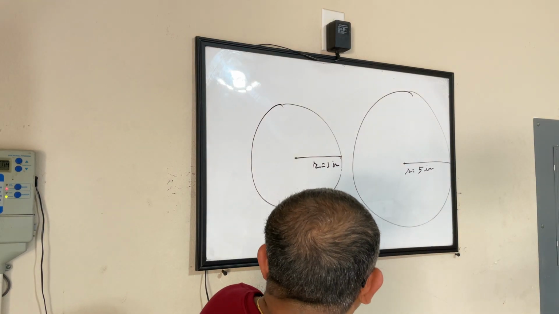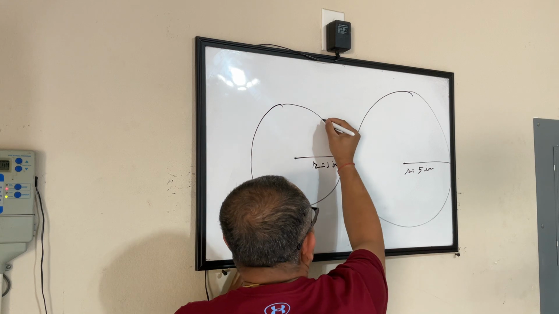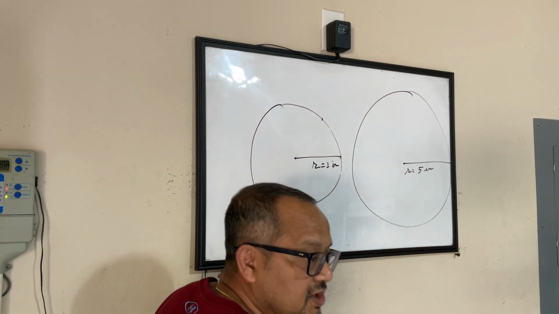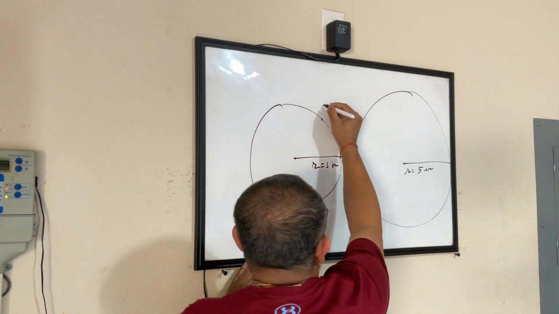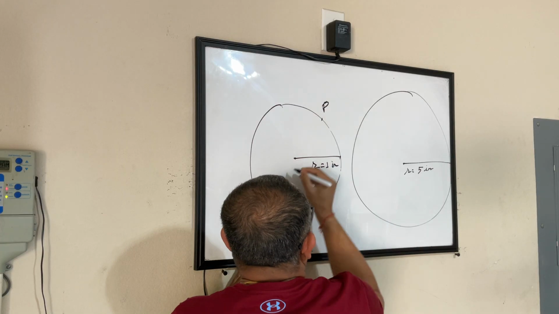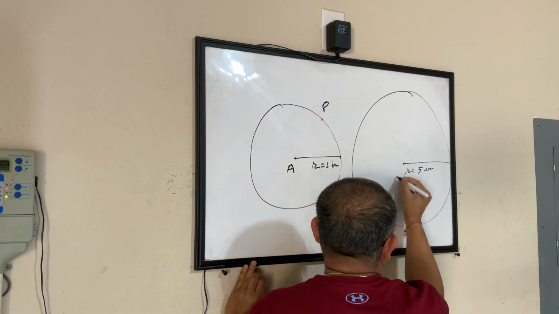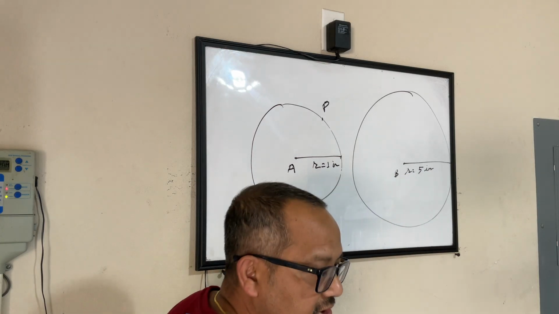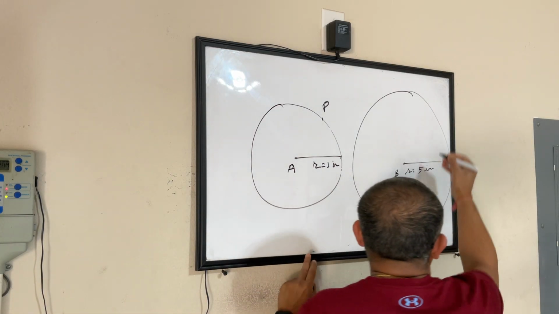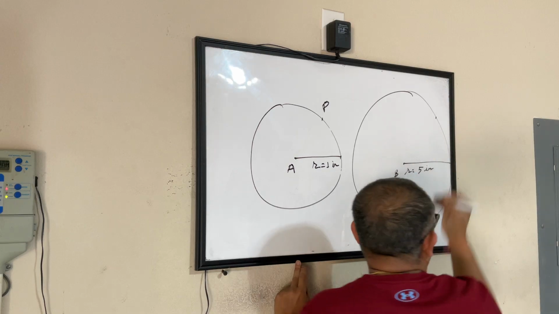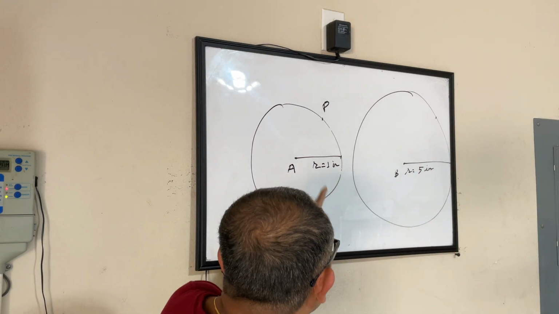Now, let's pick up a point here on this perimeter. Let's say this is P and this center is O. Or let's say this center is A and this center is B. Now I'm talking about picking up a point here on the perimeter and one point here.